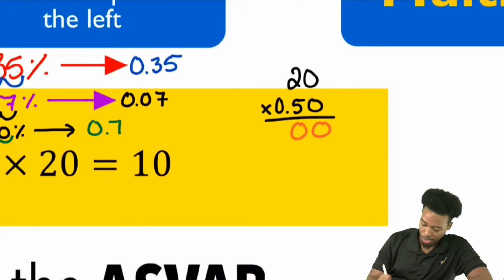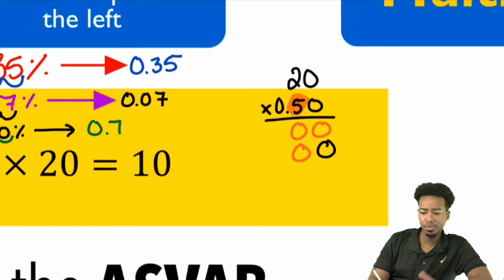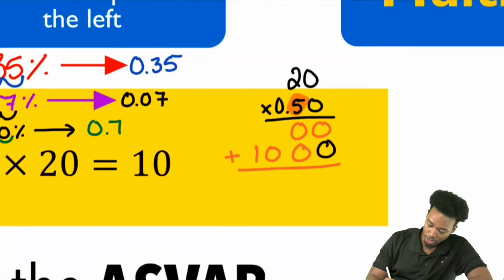Then I'm going now to the 5, so I have to put an extra 0 here. 0 times 5 is 0. Then 2 times 5 is 10. Let's add that together: 0, 0, 0, 1. Okay, great.